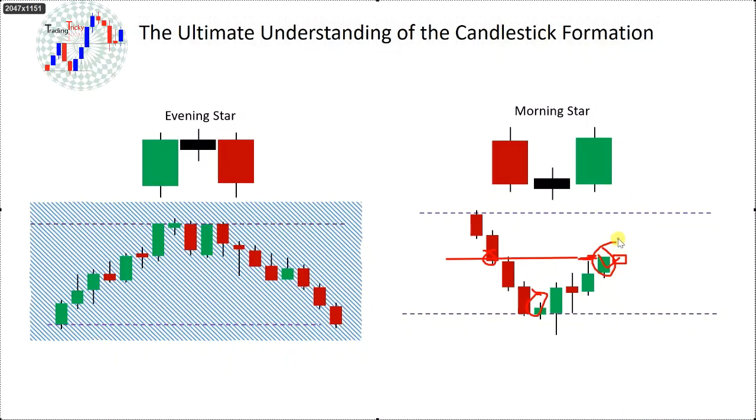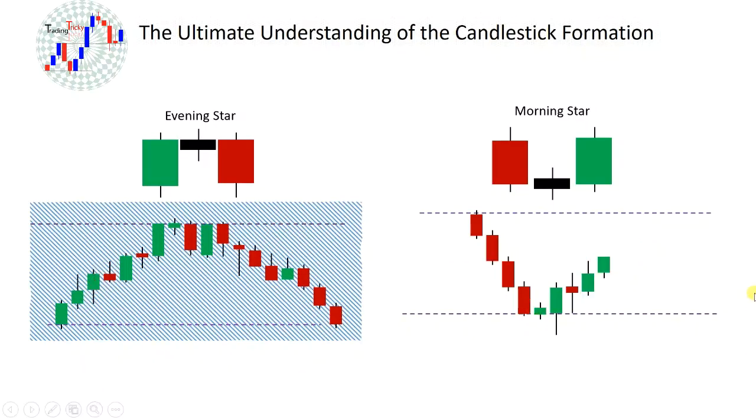Maybe there can be rejection from the upper side or both sides, but most of the time, about 70 to 75% of the time, we can expect sellers' entry. But the condition is that we should have a buyer's candle here, like this formation. I hope you understand.